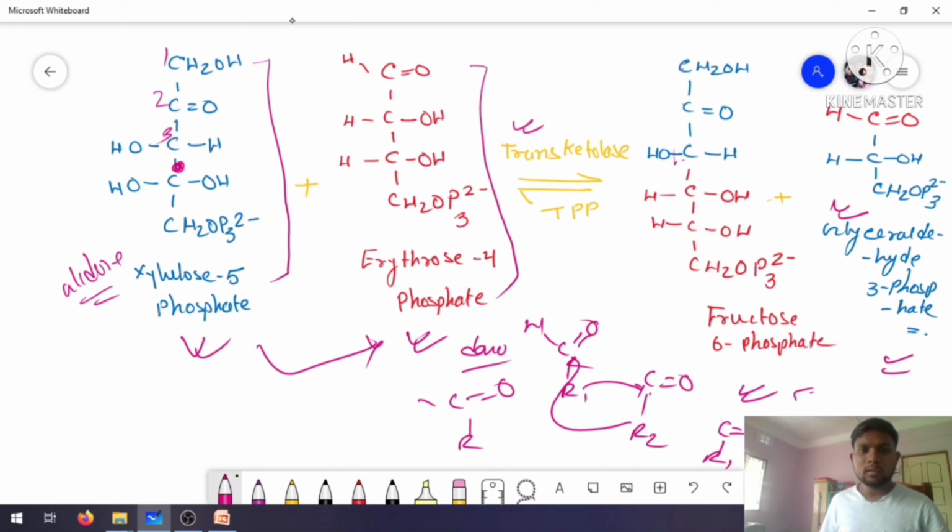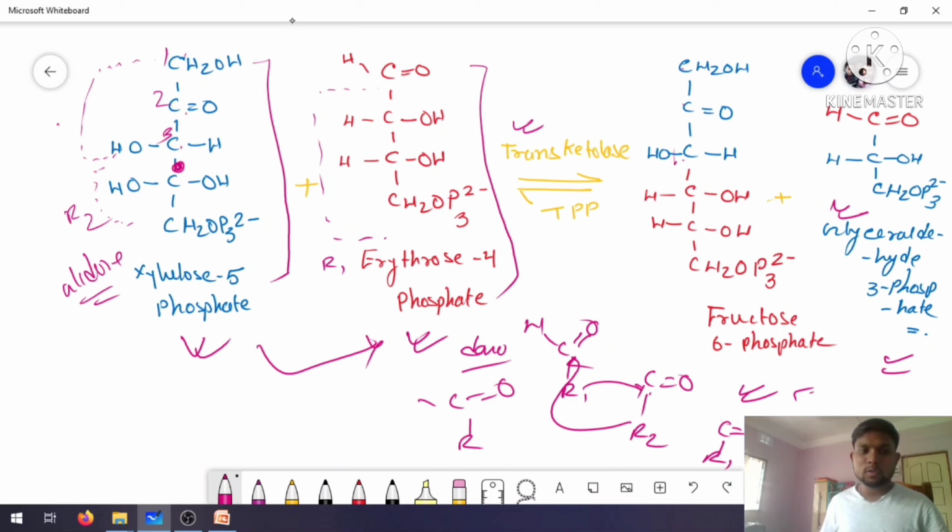So for aldehyde, from here to here it is R1, and for ketose you need to take one carbon extra. This one, this one, this one, 3 carbons total, and this part is known as R2. Okay, so this will go here and this will come here. By the color code you can understand easily.